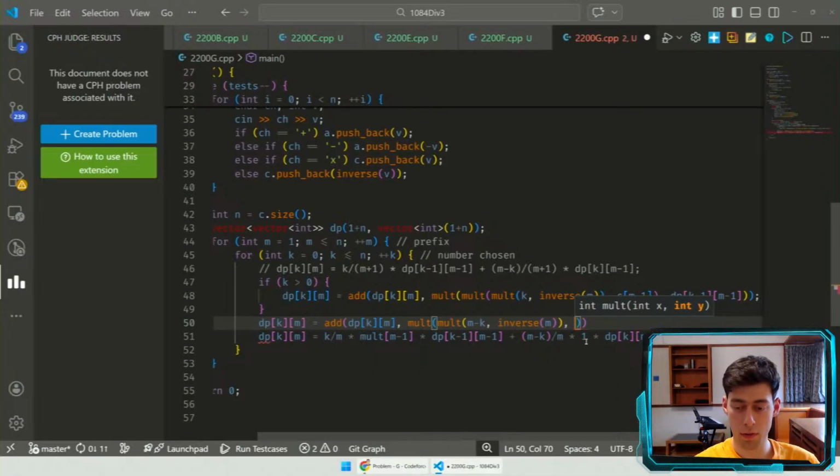M minus k by the inverse of m, multiply that by dp[k][m-1].